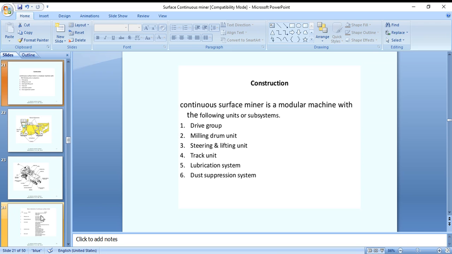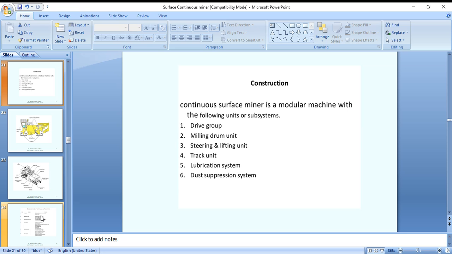Construction: the continuous surface miner is a modular machine with the following units or subsystems: drive group, milling drum unit, steering and lifting unit, track unit, lubrication system, and dust suppression system.